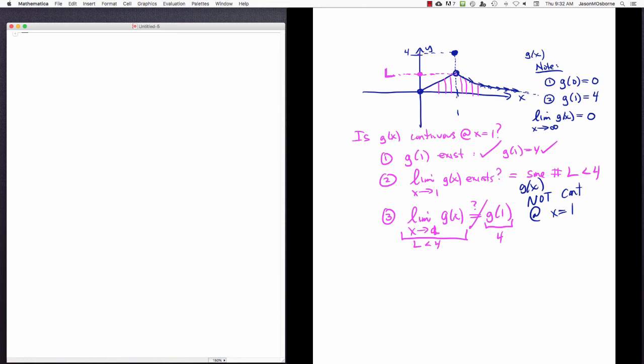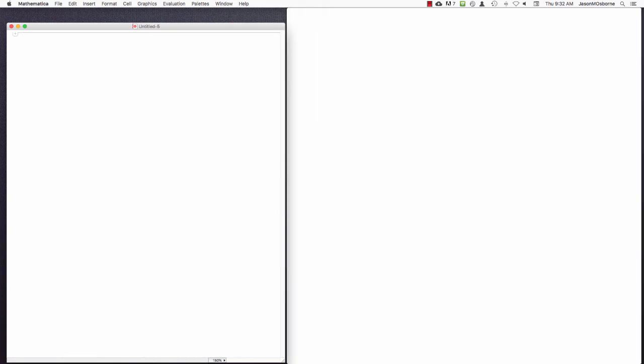Let's add a page below. Again, I'll draw a graph. A lot of this section is graphical, trying to come up with your own sketch of a function. Let's say that the function h of x is a piecewise defined function.